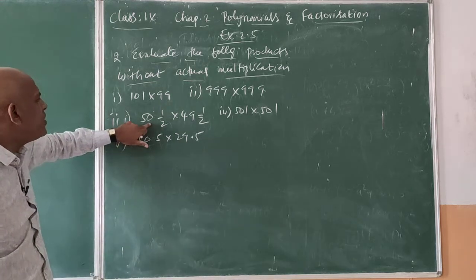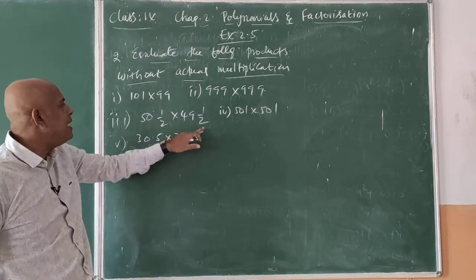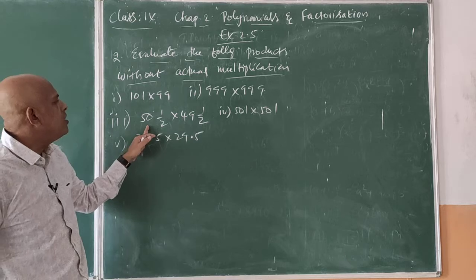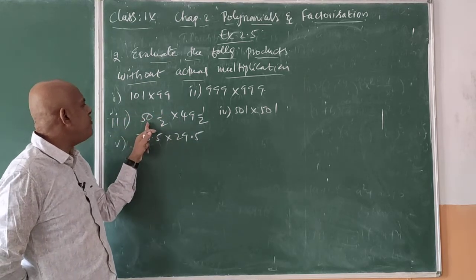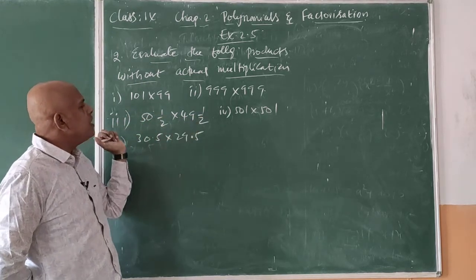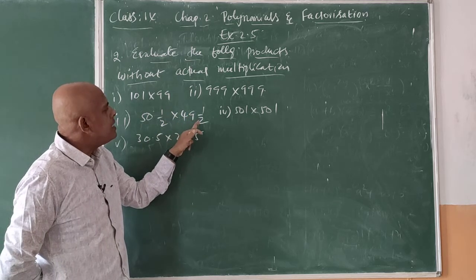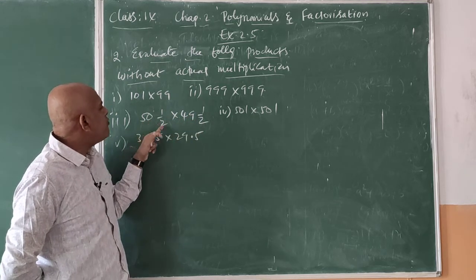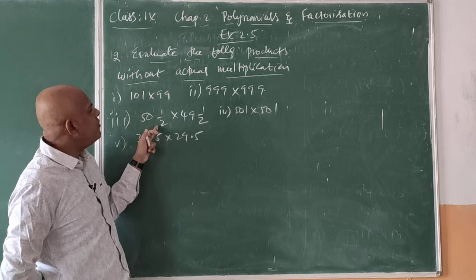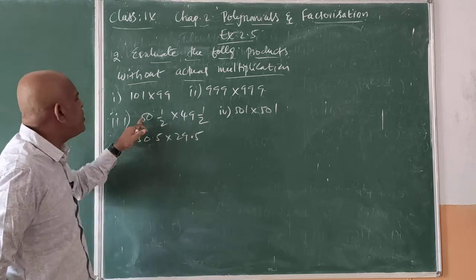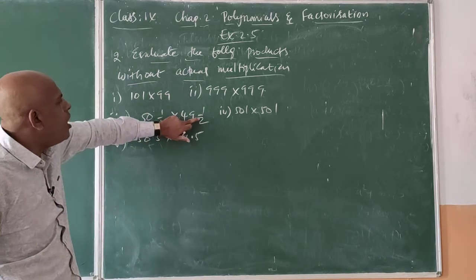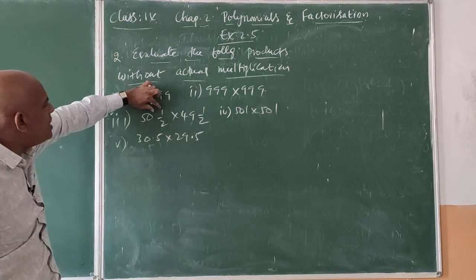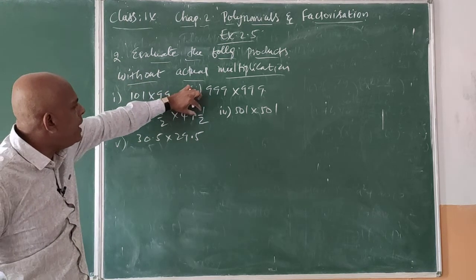And here, 50 1 by 2 into 49 1 by 2. It is 50 more by half, and 50 less by half. So it is 50 plus 1 by 2 and 50 minus 1 by 2.